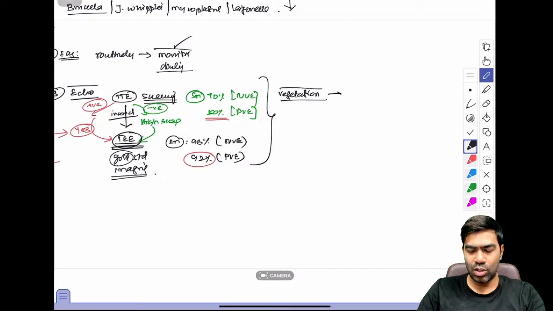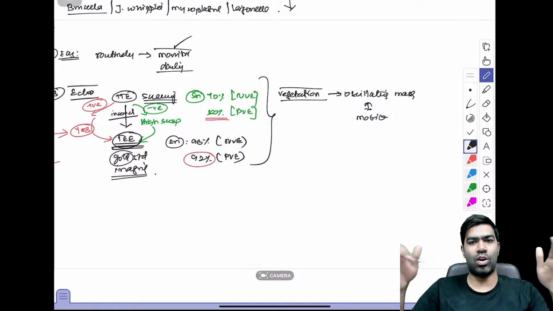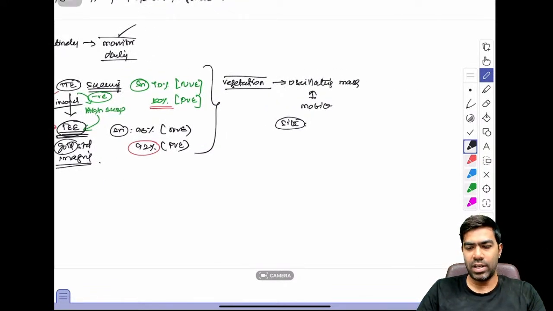Vegetation is nothing but an oscillating mass, which I'll show you, which will be freely mobile on either side. When the valve moves this way or that way, on both sides the vegetation will be freely mobile. And what are the sites to look for vegetation in the valves? Typically the low pressure zones.